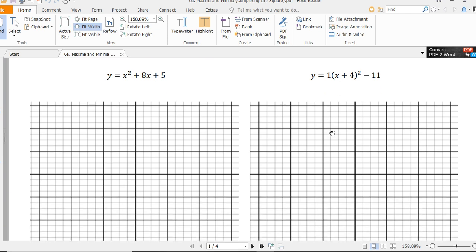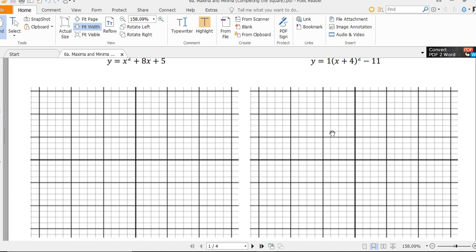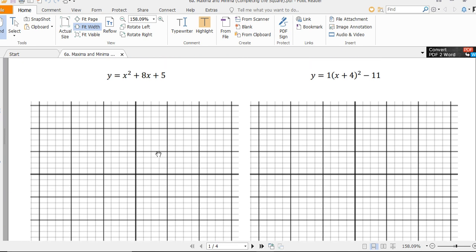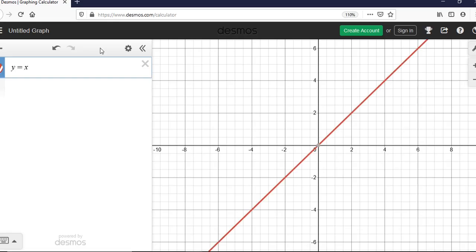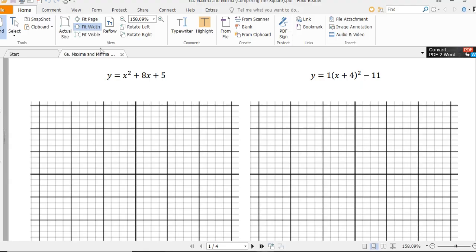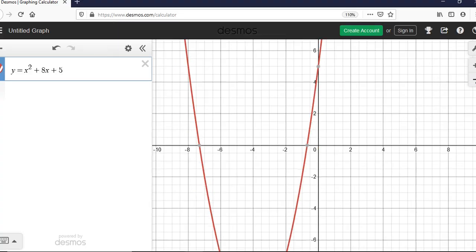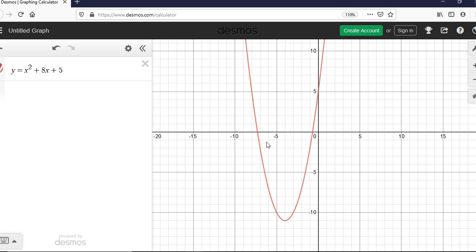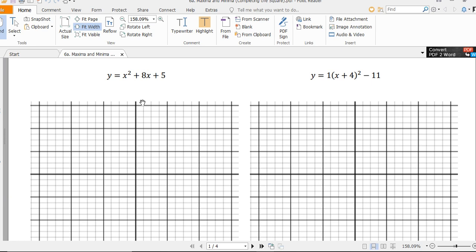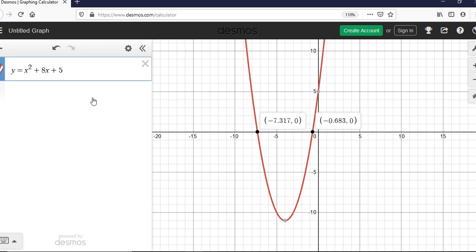Okay. So what I'm going to do is, instead of graphing them here, I'm just going to open Desmos and type these equations in. So y equals x squared plus 8x plus 5. Here are the x-intercepts, so let me just make sure it's plus 8x plus 5, yep, okay.